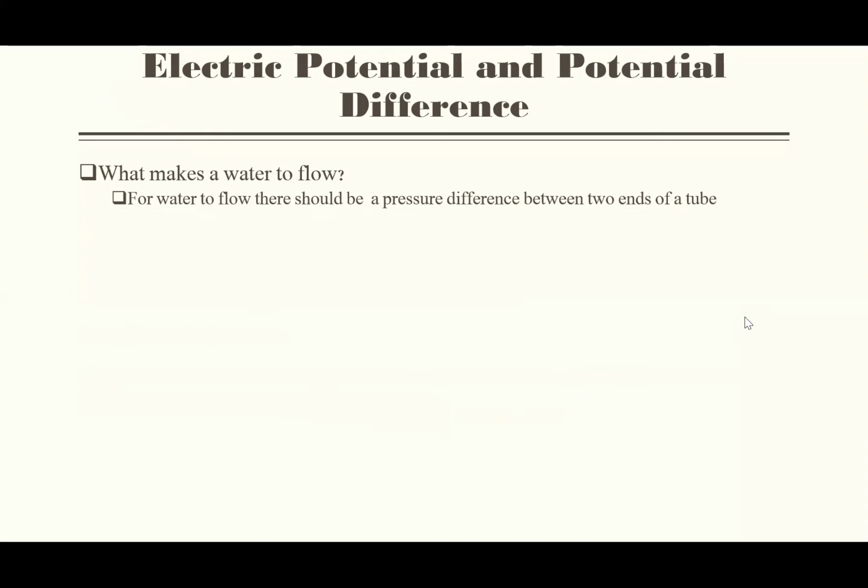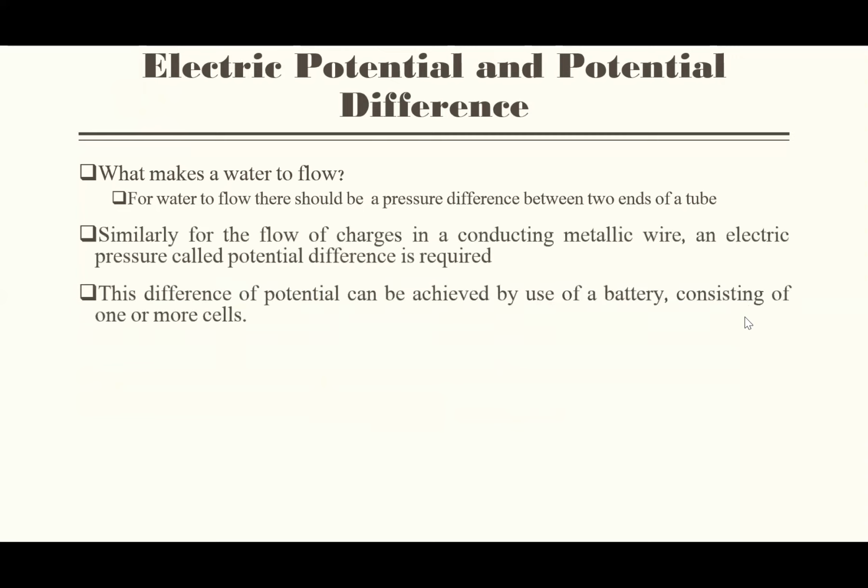For example, if you take a vertical height, the water flows from top to bottom because you have got a pressure difference. Similarly, for the flow of charges in a conducting metallic wire, you require an electric pressure called potential difference. And this difference is achieved by using a battery consisting of one or more cells.